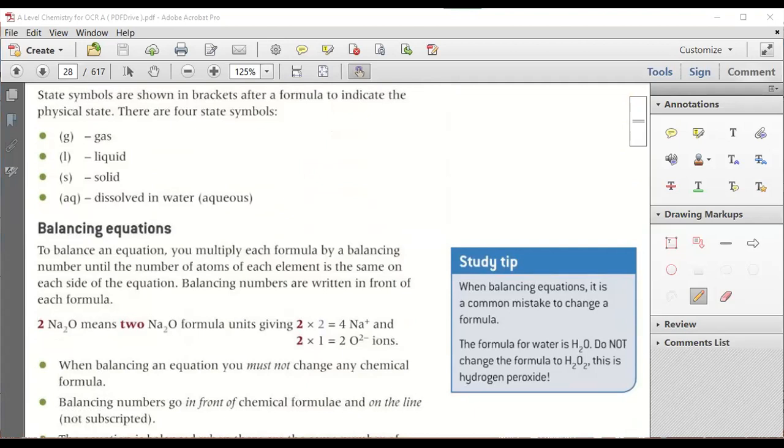Now take one more reaction. Na plus O2 will give you Na2O. Now can you balance this equation? In this case, Na is 1, oxygen is 2. Here Na is 2, oxygen is 1. So what can we do? Multiplied by 2.